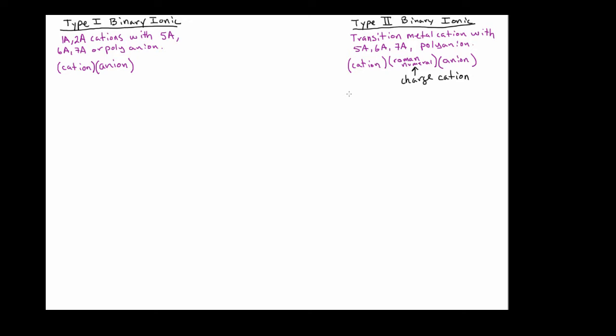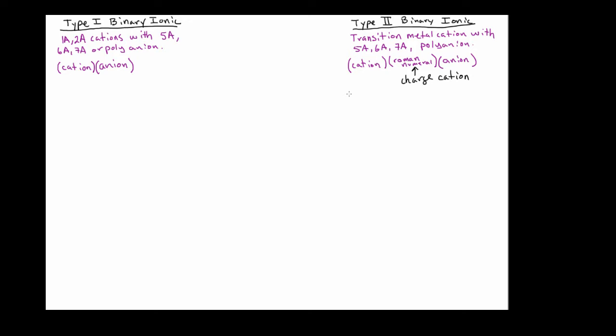In the first two videos, I defined the elemental ions and emphasized that there are fixed known charges for group 1A cations and group 2A cations. We talked about the transition metals and the fact that they have variable charges or variable oxidation states.